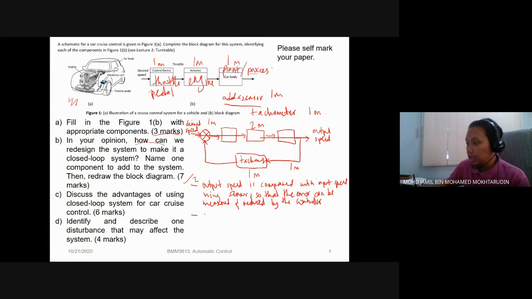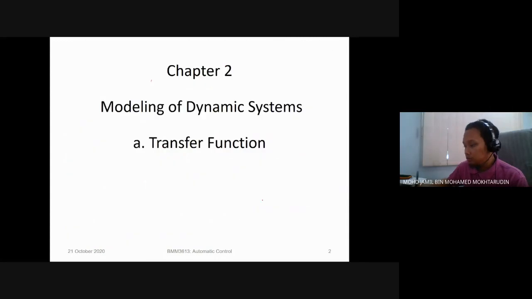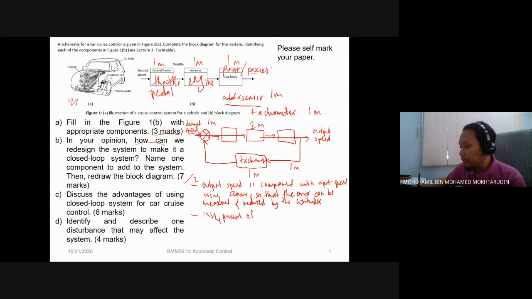So you can say in the presence of external disturbance, the closed loop system will not be affected, or the system is not affected by the disturbance.